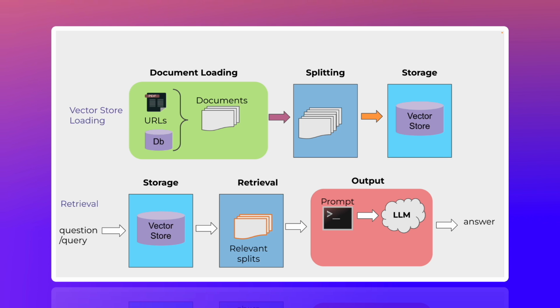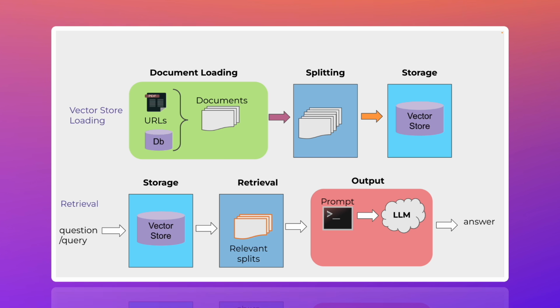The main idea, as we saw before, is that there has to be some way of loading documents. We need to load documents that come in various forms, sometimes as URLs, PDF files, text files, databases, and so forth. All of that is pulled together as documents. This is document loading.